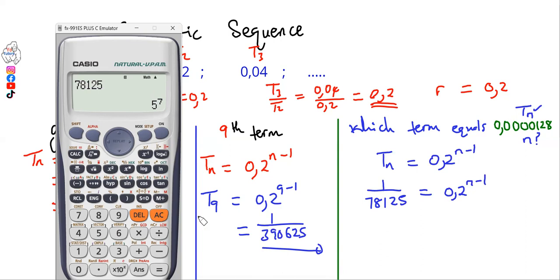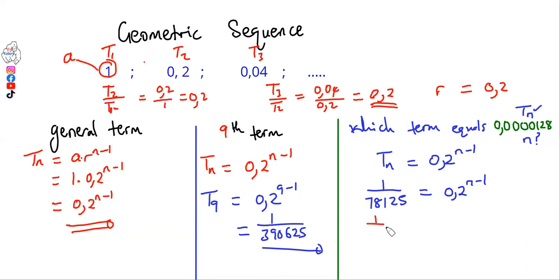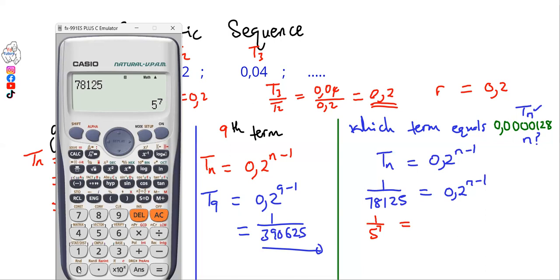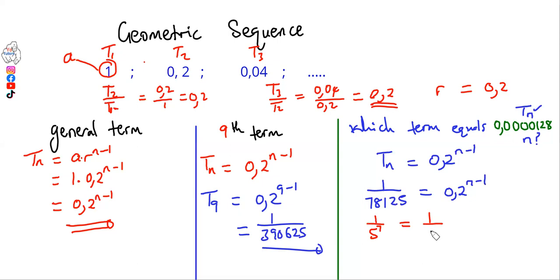So you can write it as 1 over 5^7 equals 0.2^(n-1). And 0.2 is actually 1 over 5. According to your exponents, we can say (1/5)^7 is equal to (1/5)^(n-1).